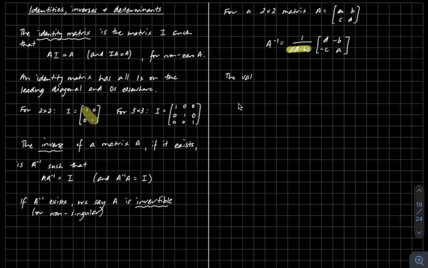So the value AD minus BC is called the determinant.